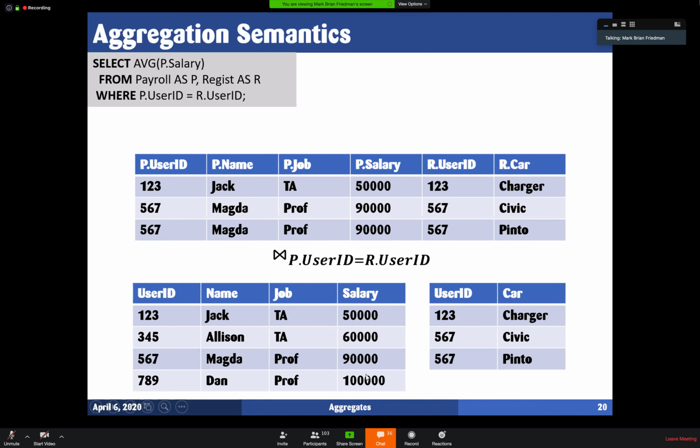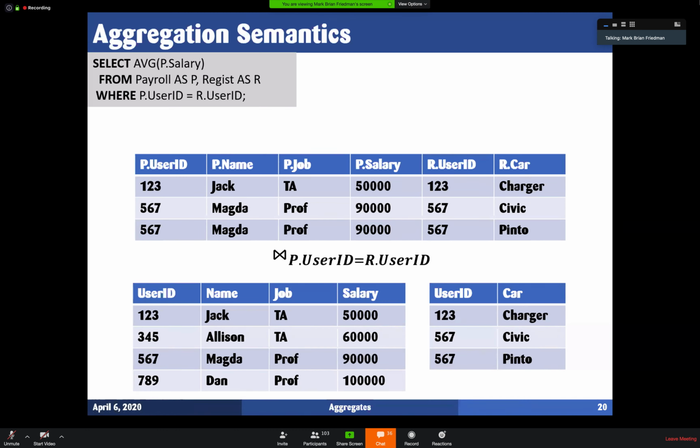So that might not be what you want. You wanted the average of these individual salaries, but when you did the join, you lost people that didn't have a car. You could have done an outer join to remedy that. And now you have people that have multiple cars in the intermediate relation twice. So arguably, this is probably not what you intended when you wrote this SQL.